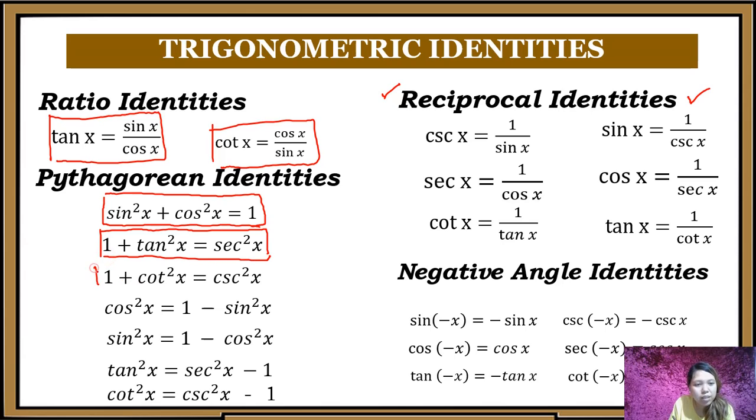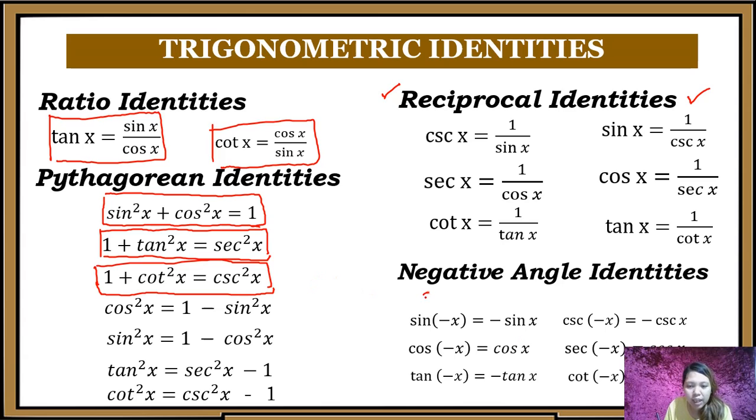So I'll just box the most common and most used trigonometric identities. We also have negative angles. Sine of negative x is just equal to negative sine x. Meaning the trigonometric function of a negative angle is just equal to the negative of the trigonometric function of that angle.